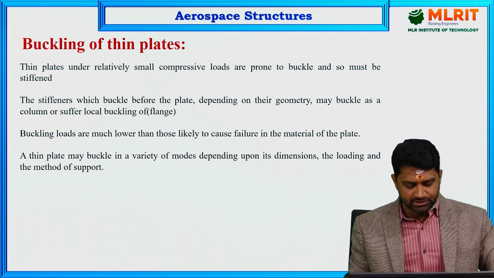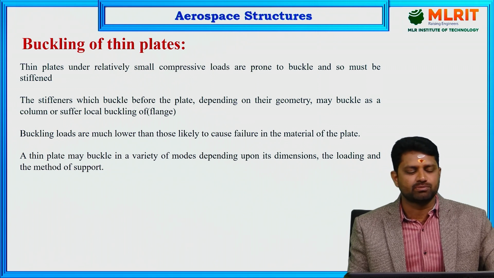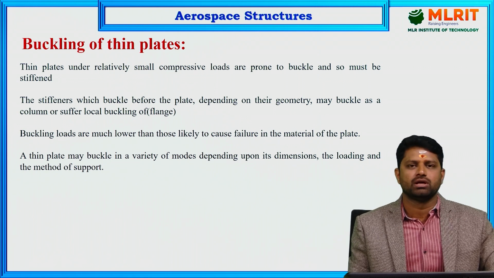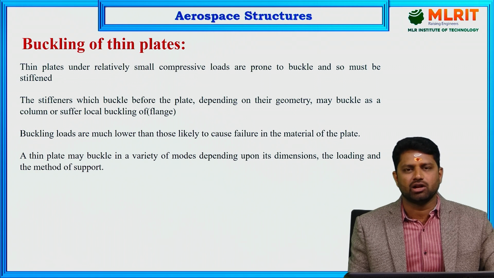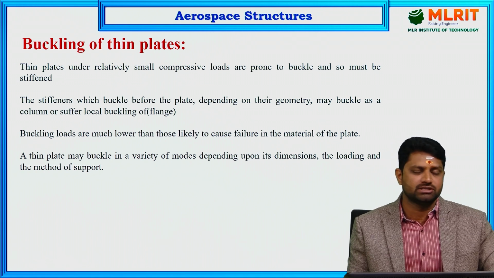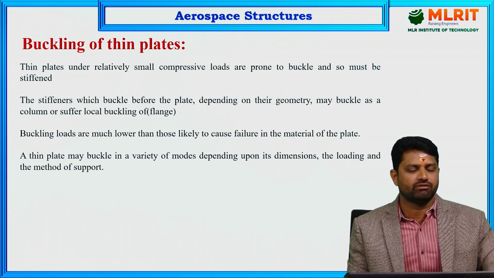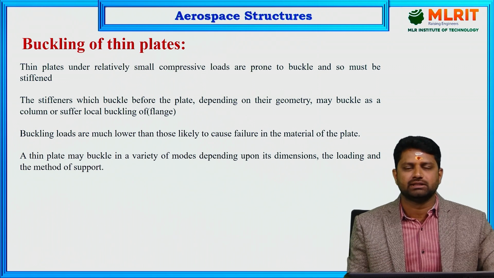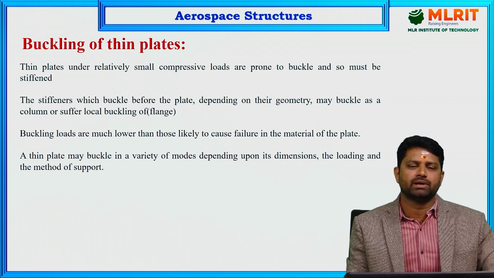So, thin plates, we know that they are relatively small, and the compressive loads which are acting on the thin plate make it prone to buckle, and therefore it must be stiffened along its edges. Okay, so a thin plate in its general configuration has 4 edges. So how are you going to stiffen the thin plate so that the buckling can be delayed?